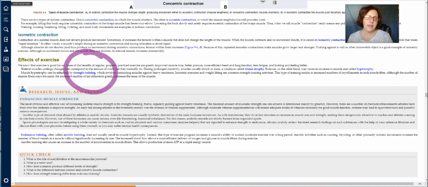So if I go up to a barbell that maybe weighs 100 pounds, some of you can probably pick that up, I cannot, and I go to try to pick up that barbell, I probably can't do it. But I could probably teach my body to do it through strength training. I can pick up smaller barbells, do different workouts with weights, and eventually be able to pick up heavier weights. Okay, that's one kind of working out.